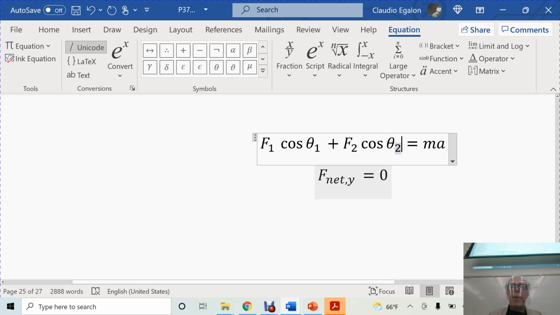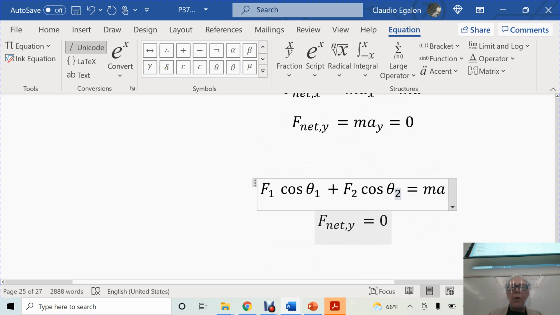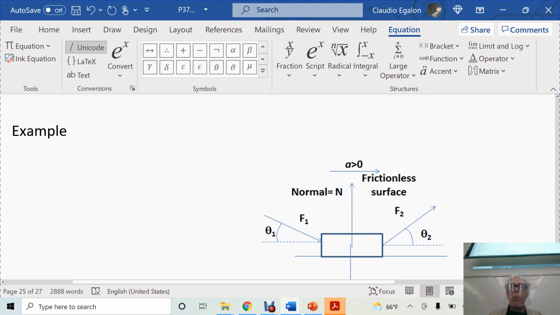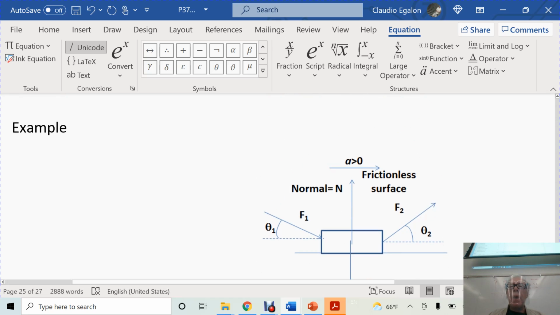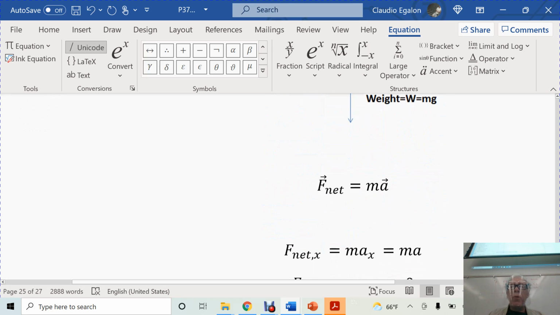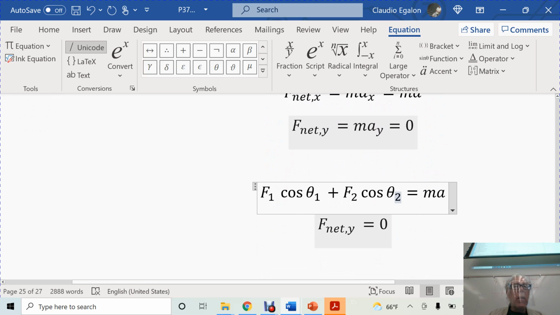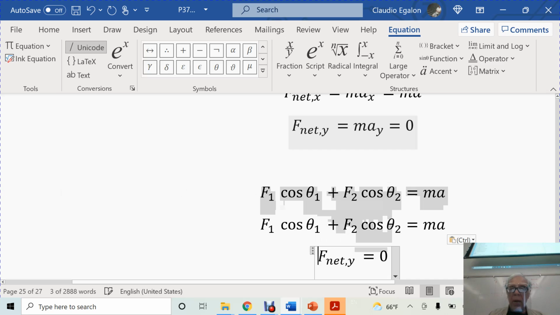And in the y direction, what do we have? We have the forces. F1 is downward, the y component of F2 is upwards. So you go ahead and write down: that's going to be 0 here.